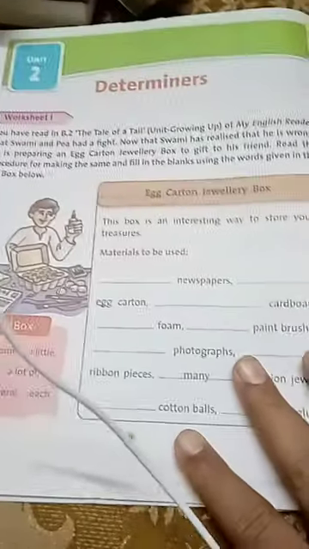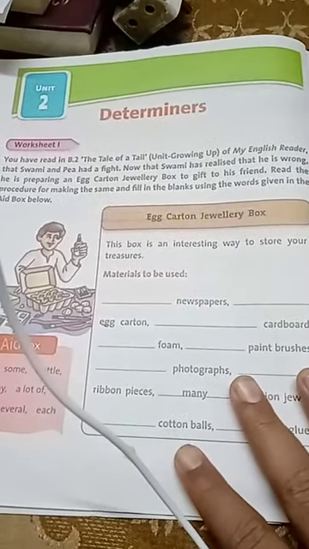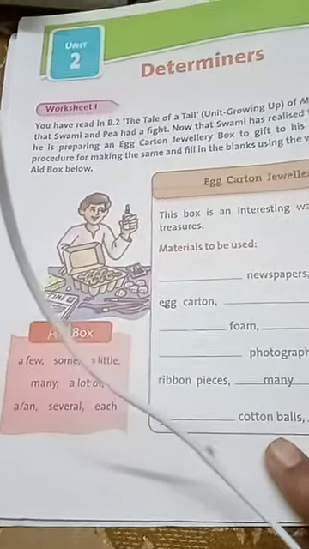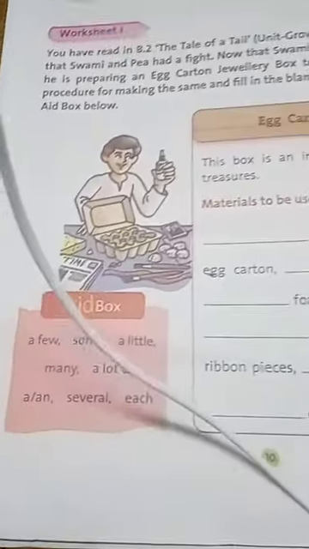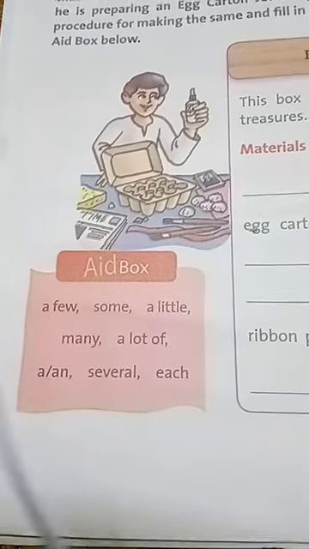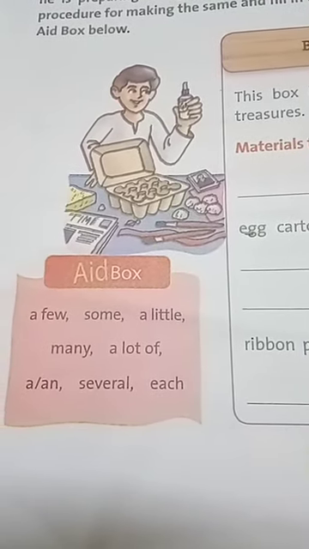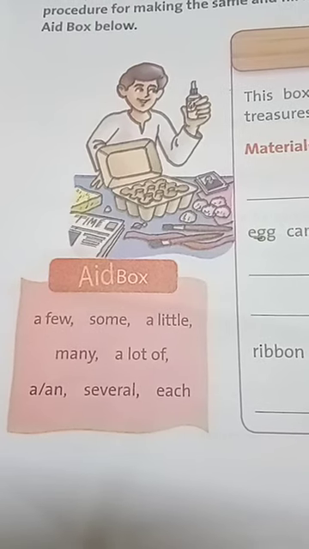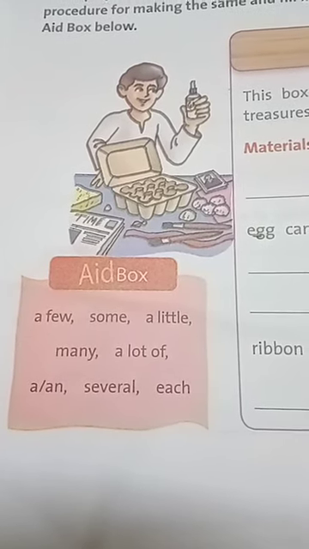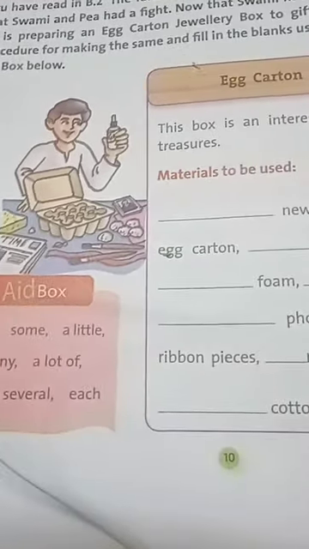You can see chapter 2 of your book, in which there are some examples of determiners: a few, some, a little, many, a lot of, a or an, several, each, etc.